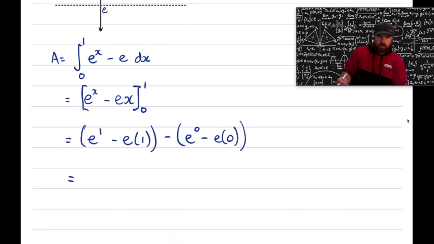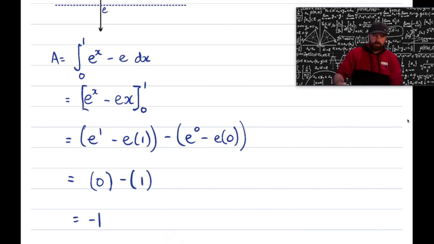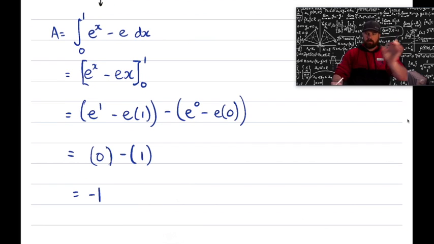That equals e minus e, so we're going to be left with 0, minus, when I look, e to the power of 0 is 1, 1 minus e times 0 is 0, so 1 minus 0 is 1, so it equals negative 1, and then I go, uh-oh, got a negative area. Let's go back up.